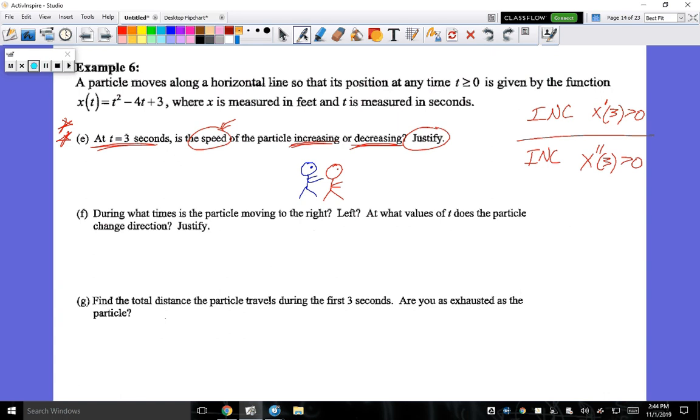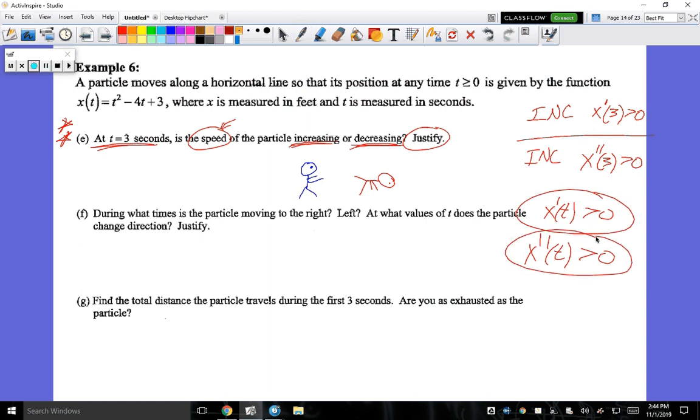Okay? So if his velocity, aka x prime of t, is positive, and my acceleration that I hit him with is also positive, guess what's going to happen to Arjun? He's going to speed up, right? And possibly fall, okay? But my point is, he's speeding up, because the first and second derivatives are both positive.